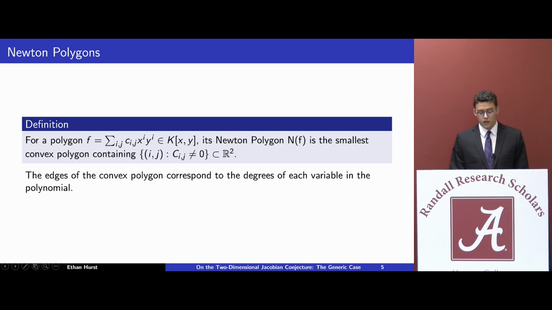If we have any sort of polynomial, which we give as a degree decomposition given here in a polynomial field in K, we describe the Newton polygon as the convex polygon containing those points, and how we can think of that is we take the degrees of the variables in each term and we map that in the Cartesian plane.